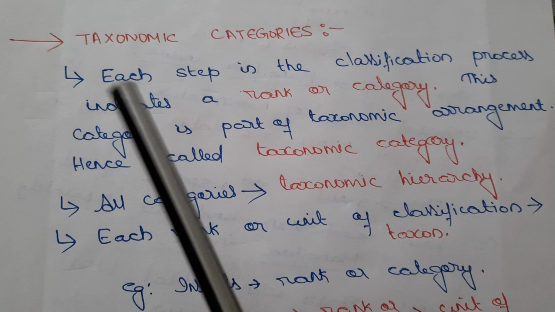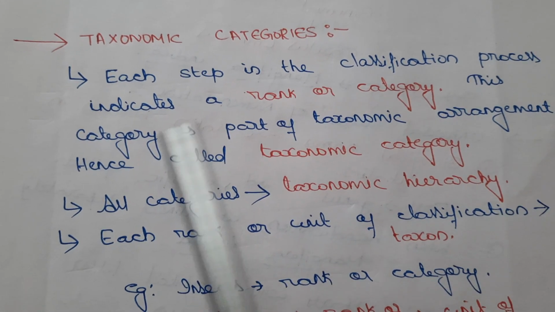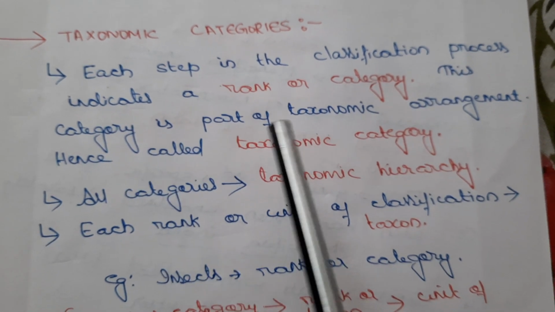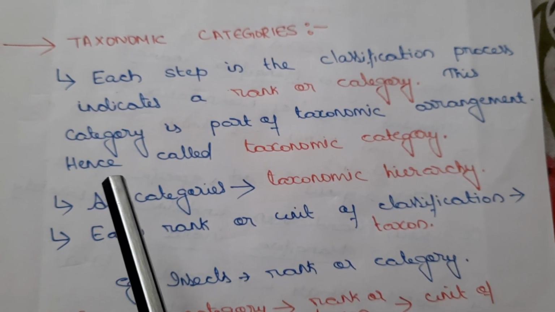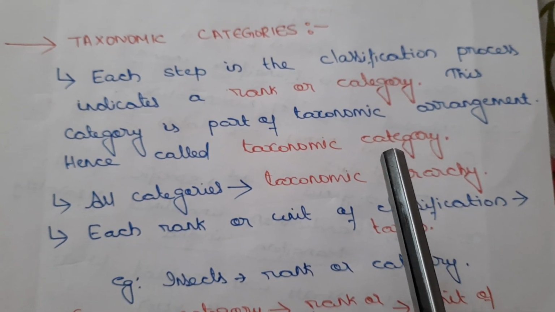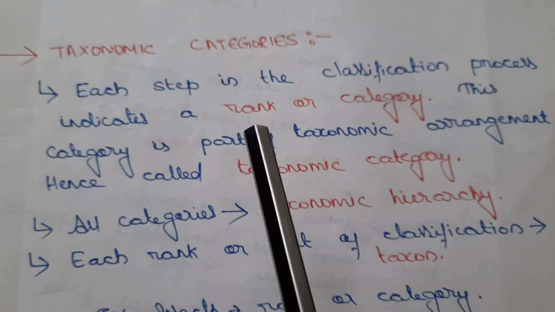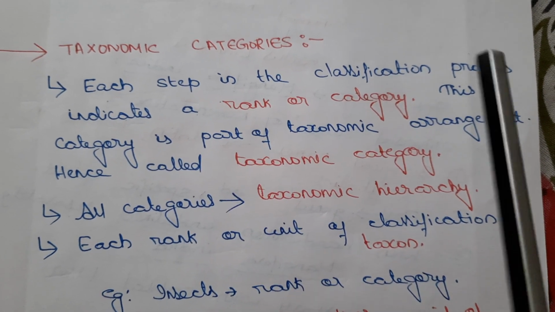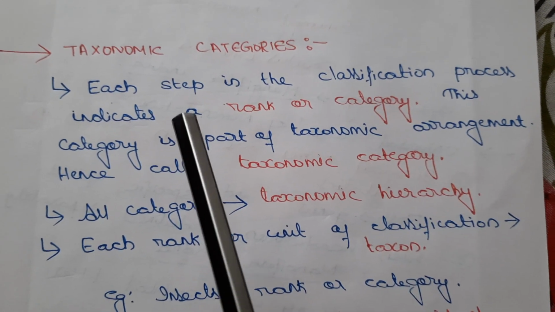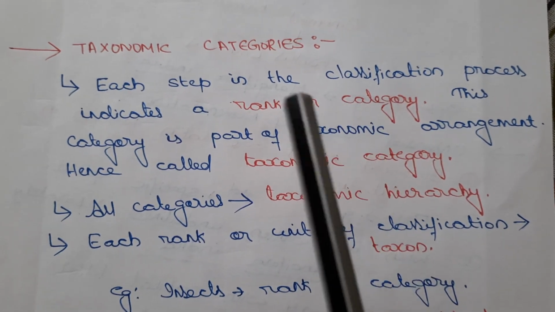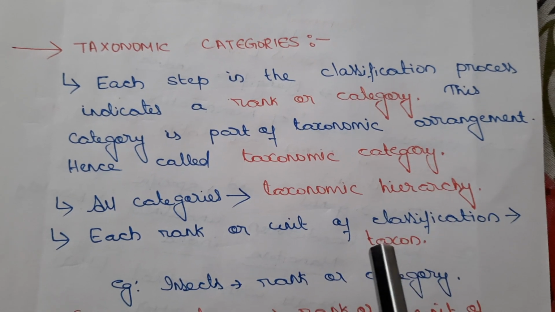Now each step in the classification process indicates a rank or category. This category is part of taxonomic arrangement and hence it is known as taxonomic category. Each step, or each unit of the classification, we call it a rank or category, or we can call it a taxon.